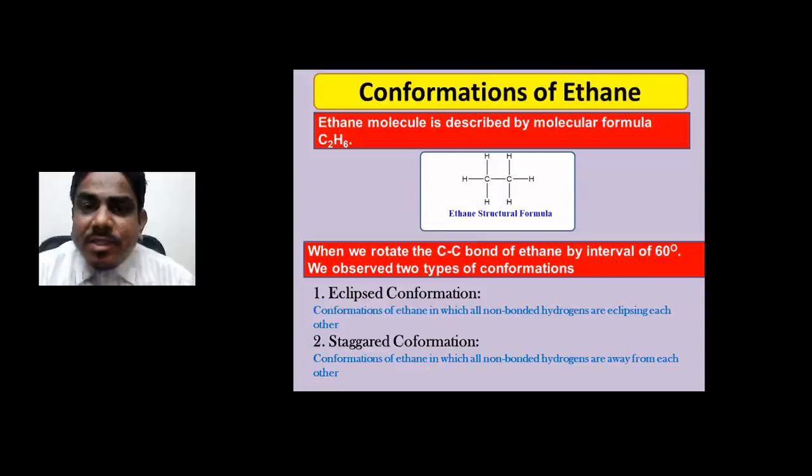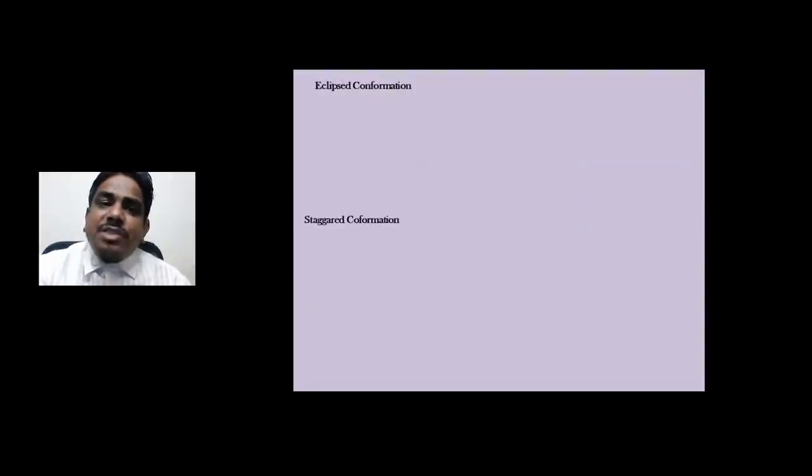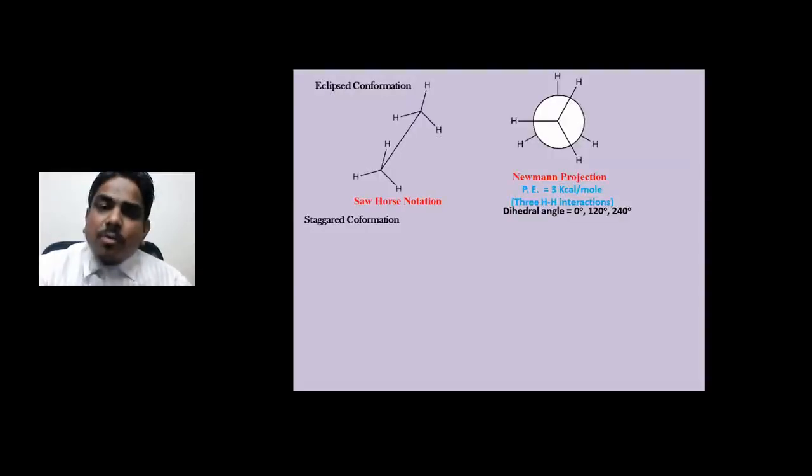The conformation in which all the non-bonded hydrogens are away from each other is known as the staggered conformation. We will look at both conformations using Sawhorse notation and the Newman projection formula, and we will look at how the potential energy of a conformation changes with the dihedral angle.